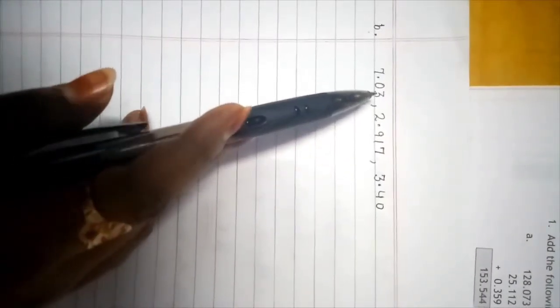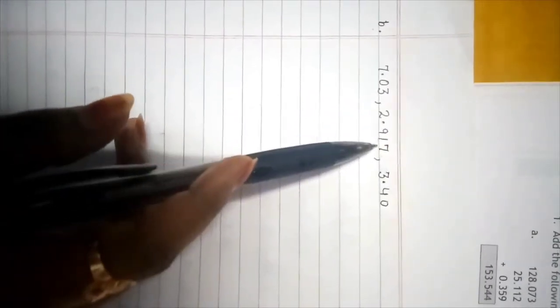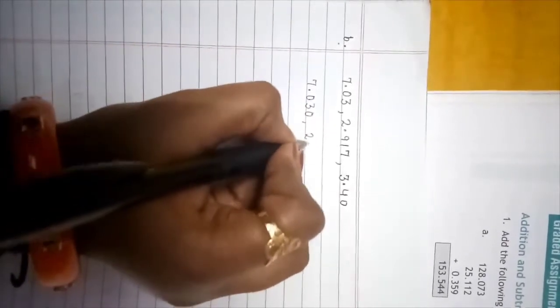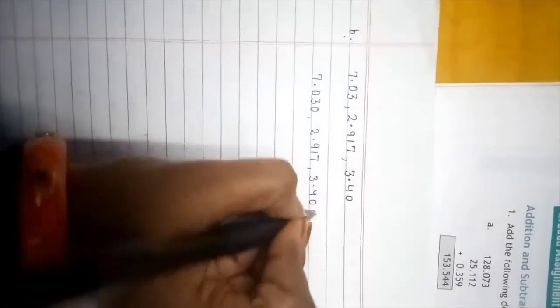Let us now discuss B part. Again, you can see these are unlike decimals because it has 2 decimal places, it has 3 decimal places, and it has 2 decimal places again. So let us first convert them into like decimals. We will add a 0 over here. 3.400. Now we will start arranging.